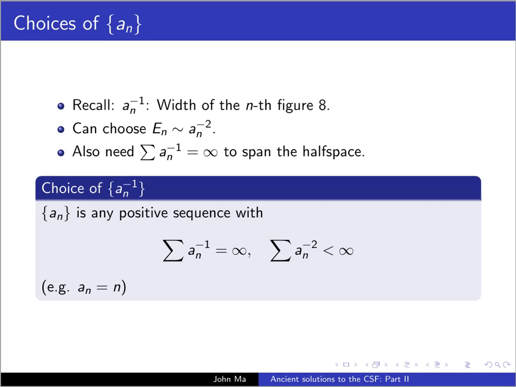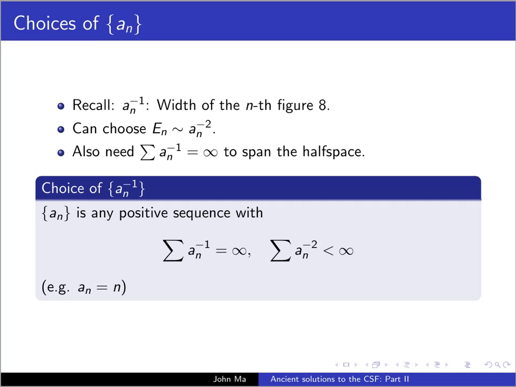The second point, a key observation, is that I can choose G1 up to Gn in a scale invariant way, so that I can control the error E_n, which is roughly equal to a_n to the power -2.